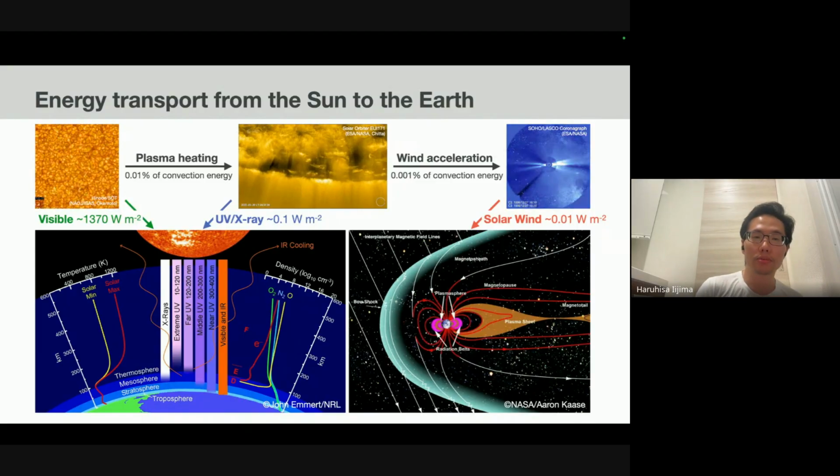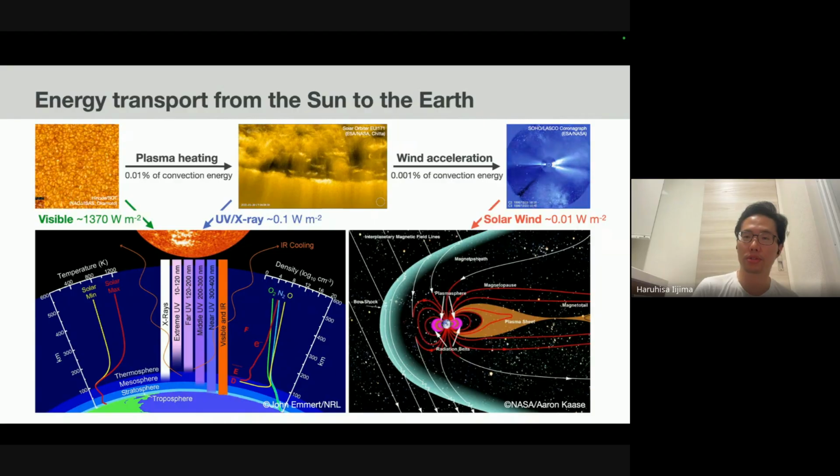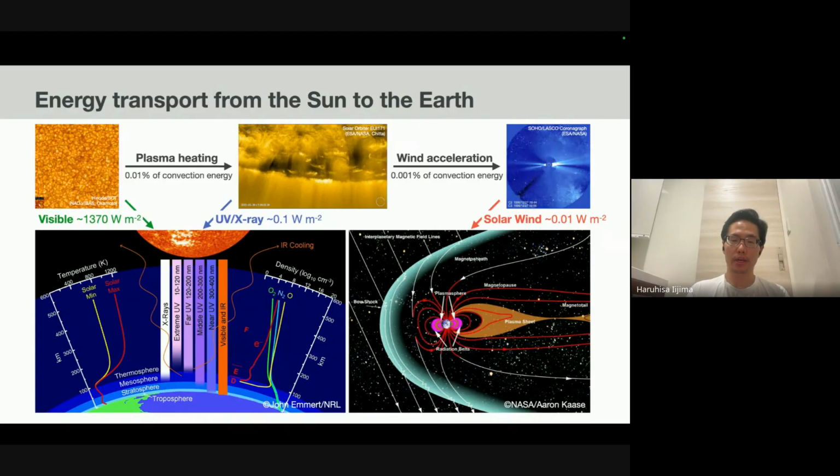But only 0.01% of this energy is used to heat the solar corona, and only a fraction of this coronal heating energy is used to accelerate the solar wind. Thus, especially for modeling, it is important to model these energy transport and dissipation processes in a quantitative way.